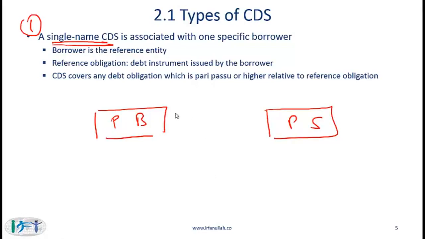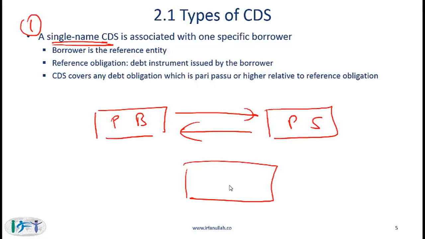The protection buyer makes premium payments and the protection seller will make a contingent payment if there is a credit event. Underneath this, we have only one specific borrower.